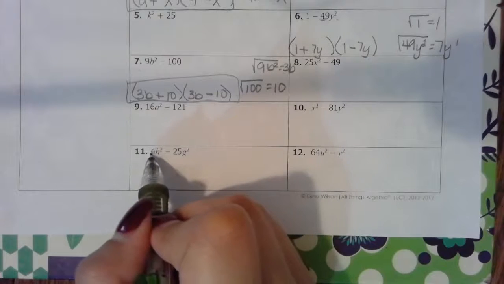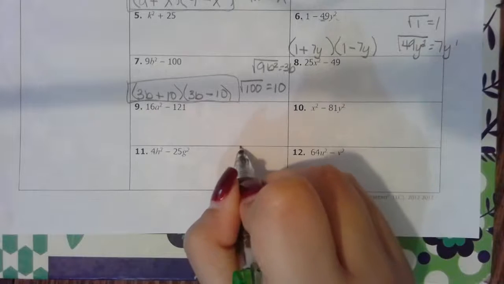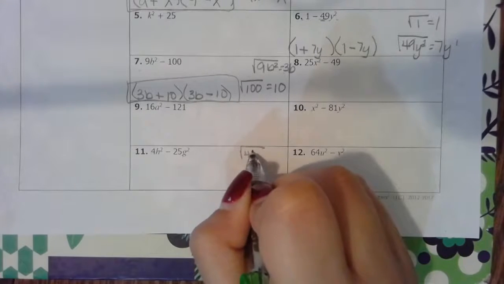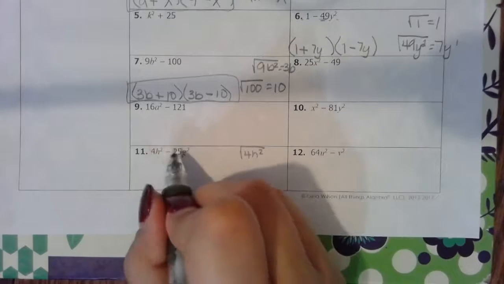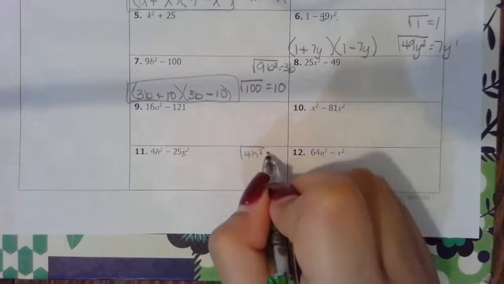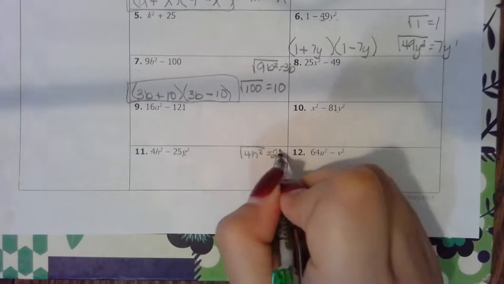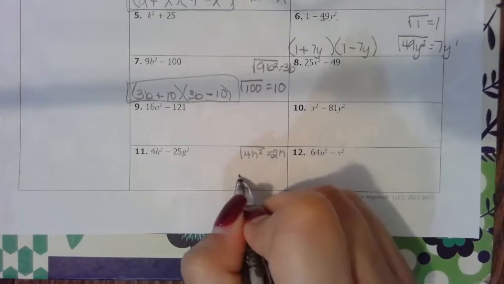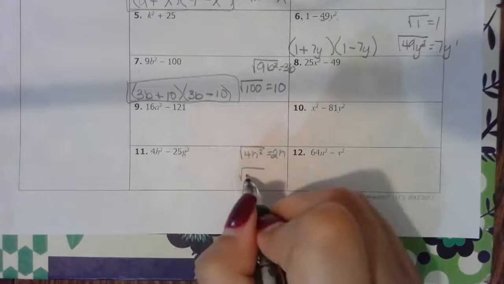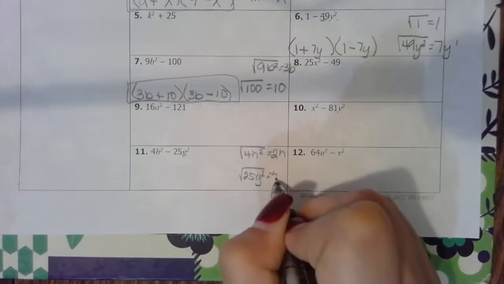So jump down over here to number 11. Notice now we have a number variable minus a number variable. Well, that's perfectly fine. You just find the square root of 4h squared, because 4 and 25 are perfect squares, and our variables are to an even number. That square root of 4 is 2. The square root of h squared is just h. Then for 25g squared, the square root of 25 is 5.